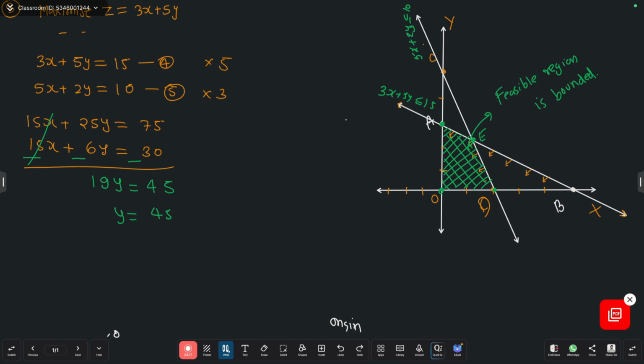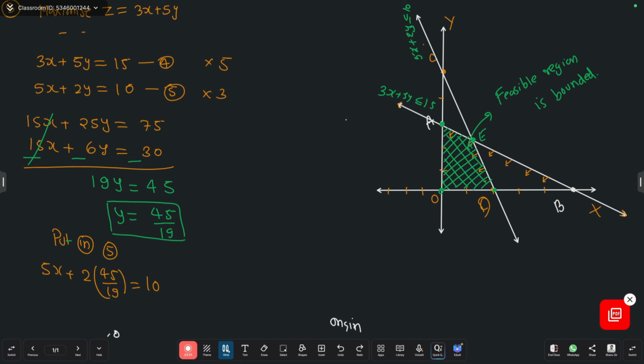25 minus 6 is 19y equals 50 minus 45, which is 5, so the y value came 5 upon 19. Now to get the x value, you can put this value in the equation. 19 is a prime number, so cancellation is not allowed. Then it will be 5x plus 2 times y, 45 upon 19, equals 10.